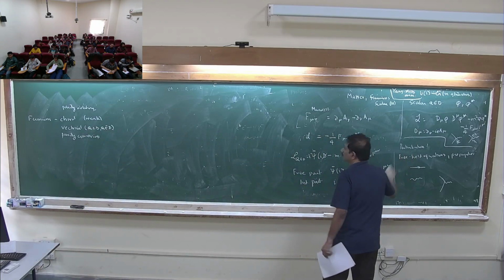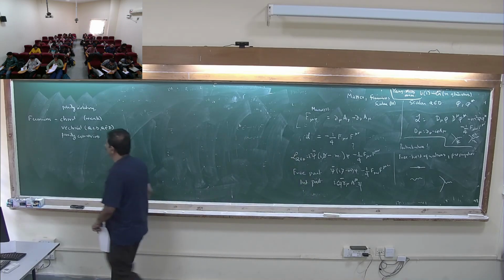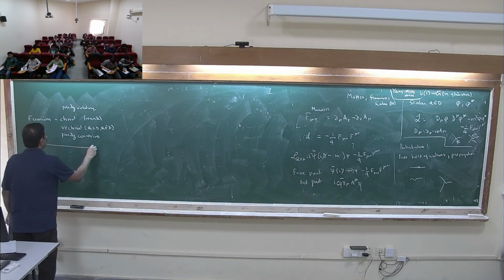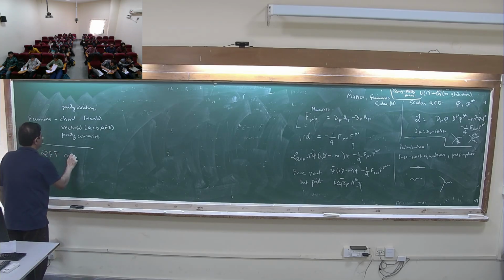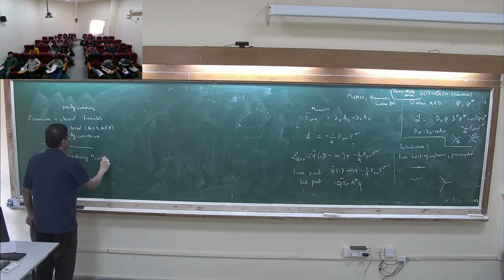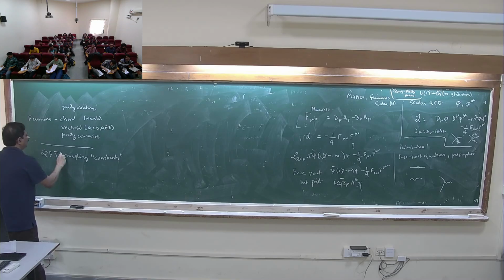And all these theories are quantum field theories in which coupling constants are not constants but are called running coupling constants, running due to interactions.